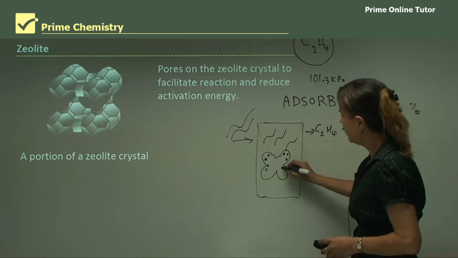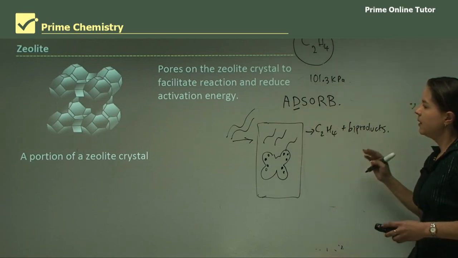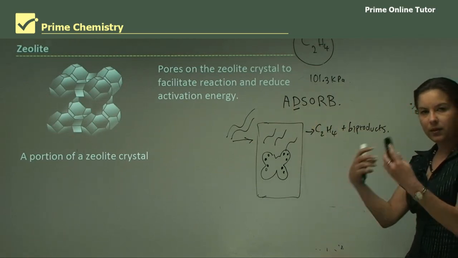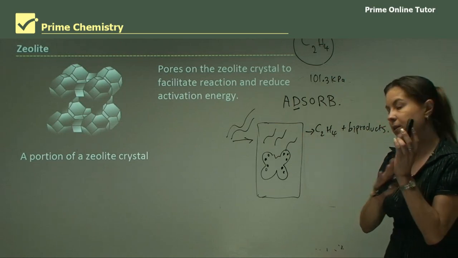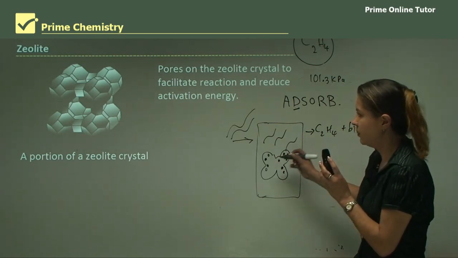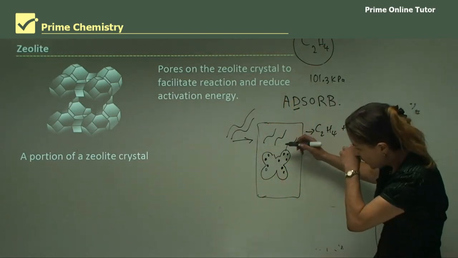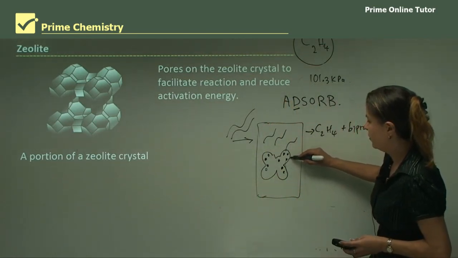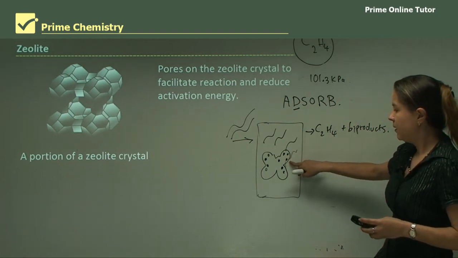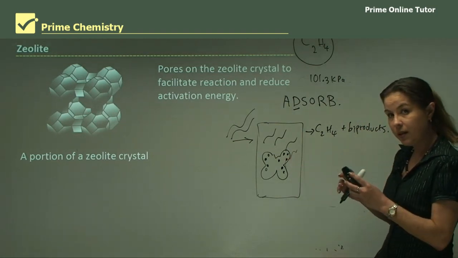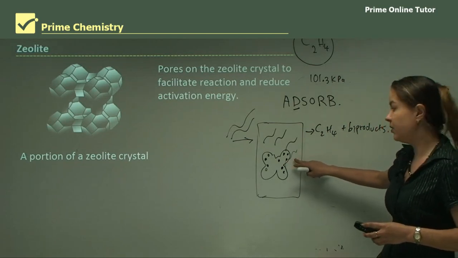As opposed to absorb, when something is going in, adsorb means just stick to or cling to. So it's just clinging to the surface of this crystal. For example, it comes in and just sticks to it. And if you imagine one of these long hydrocarbons sticking to one of the pores, the aluminosilicate, the chemical reaction that's going on there will actually weaken the bonds of these long hydrocarbons.